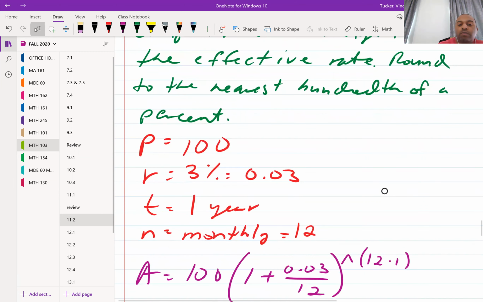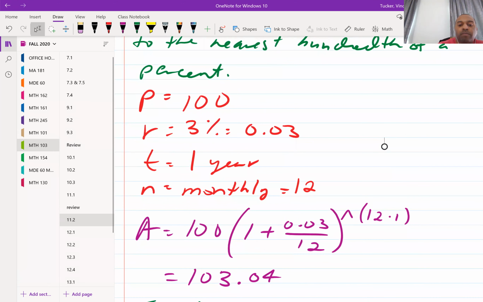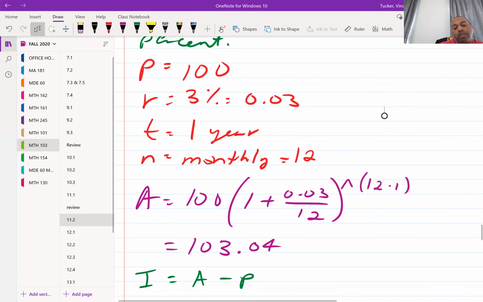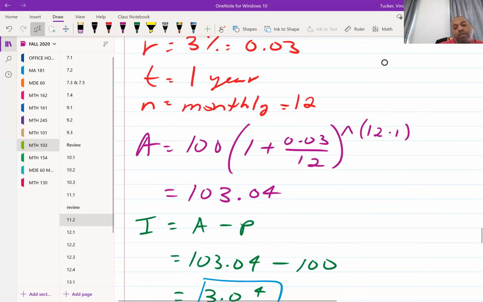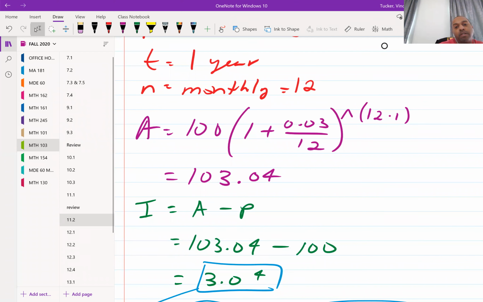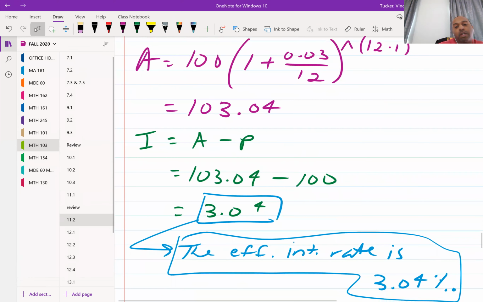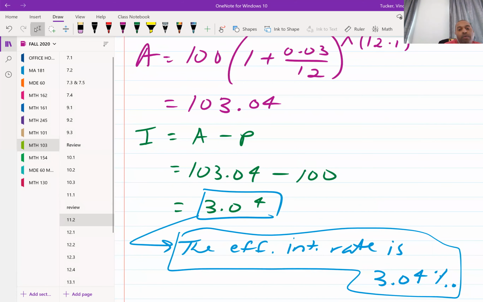Once you have those values, you plug them into the formula. That gives us 103.04. Subtract our principal from that, and that 3.04 will be our effective interest rate.